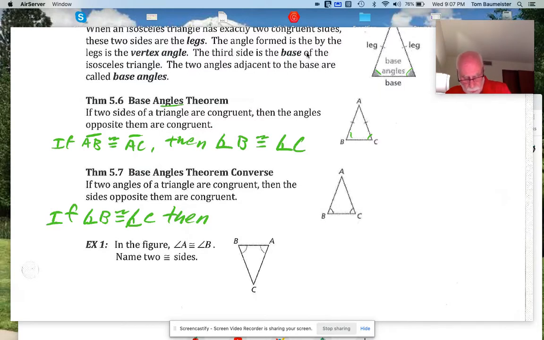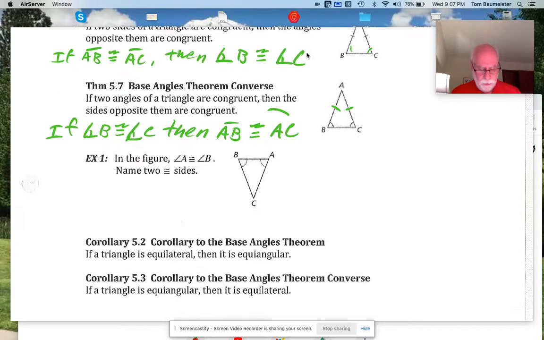So the sides opposite them are these ones right here. And again, I just told you we switched the if and the then on theorem 5.6. So then we can say then line segment AB is congruent to line segment AC. That's what those are. So again, some pretty simple examples for you today.